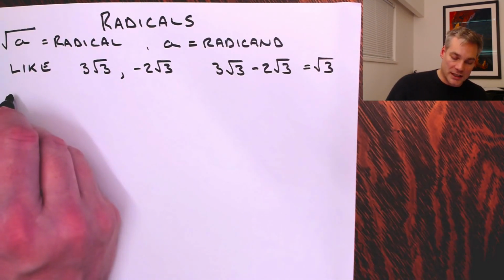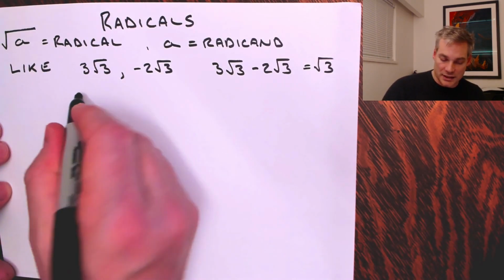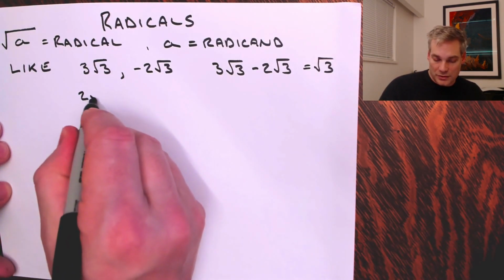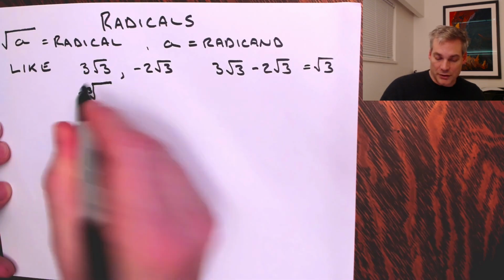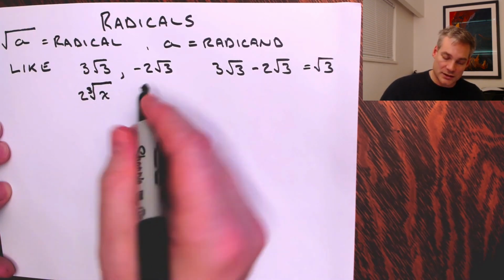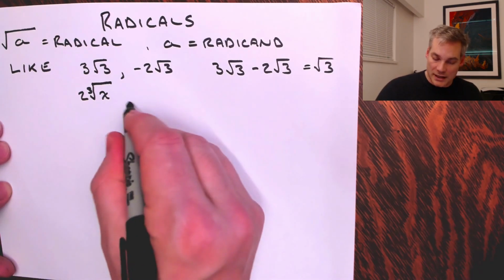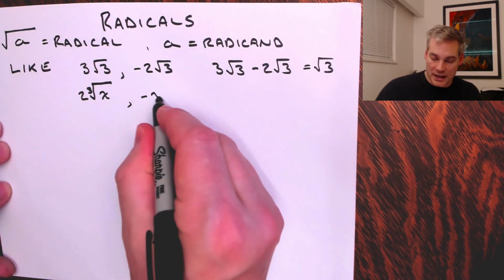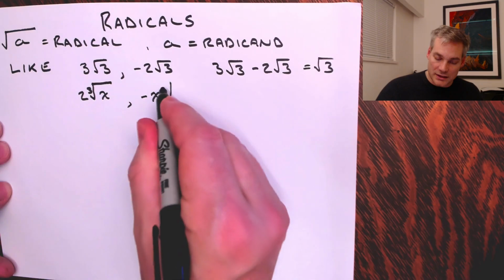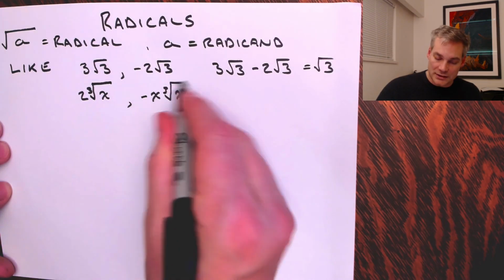Now I might have another case. Let's say I had 2 and the third root of x, and then I had minus x and the third root of x.